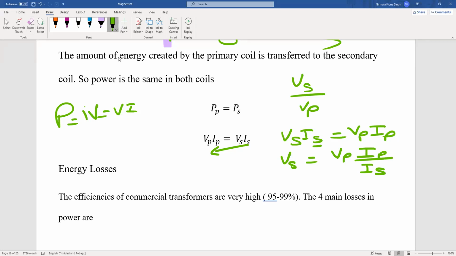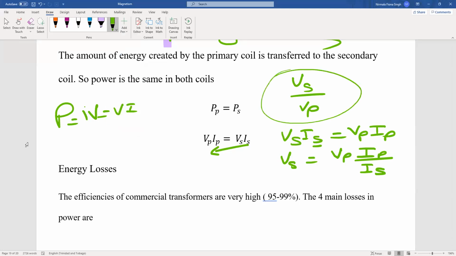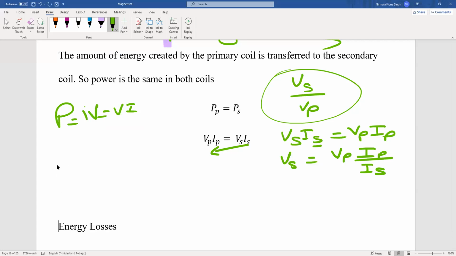Yes. Right. And then I want to carry the Vp across on this side because we want to get this going on. So all you have to do is just divide by that. Let me get some working space. All right, so you divide by the Vp, so you're going to get Vs over Vp is equal to Ip over Is. Now, it's easy to mix up which one goes on top.